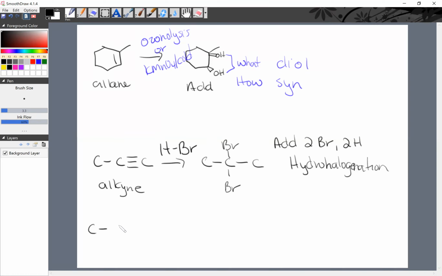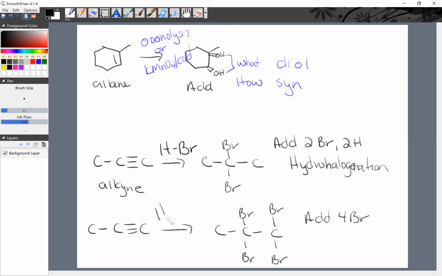Compare and contrast. What did you add? You added four bromines. And so you don't say hydro, you just say halogenation.